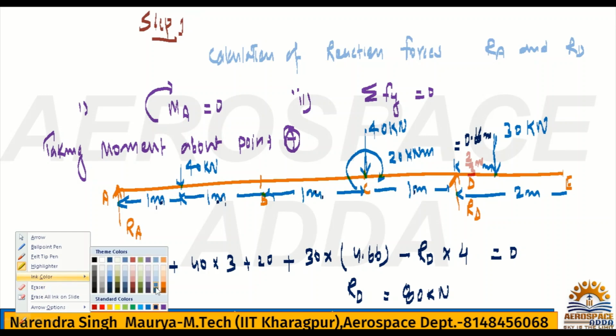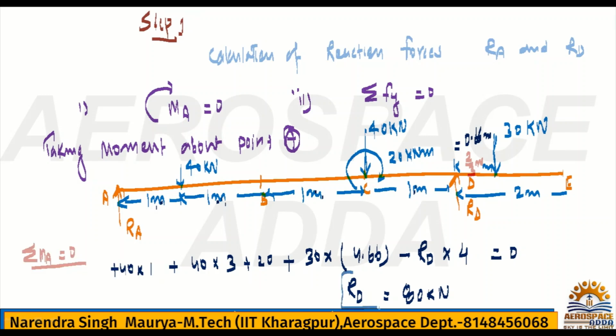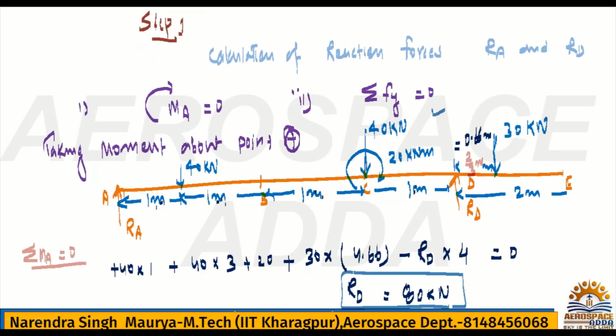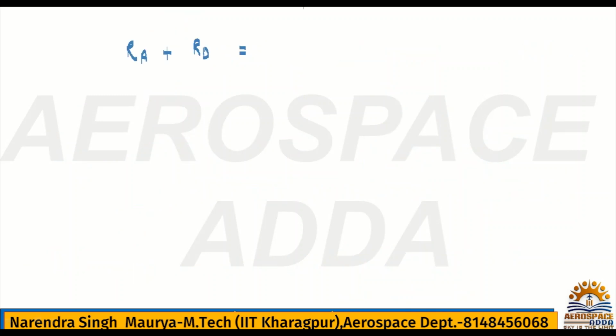The first equilibrium equation you have used and got RD. Now the second equilibrium equation: summation of all forces in y direction will be 0. So all upward forces will be positive and all downward forces negative. All upward forces RA and RD are equal to downward forces. Only the force you need to write: 40, 20, and 30.